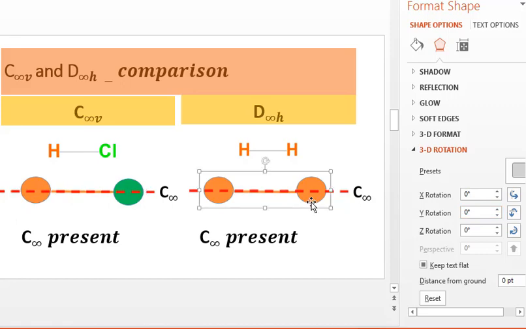Similarly, when you take the case of hydrogen molecule also, when the molecule is rotated about the C infinity axis, the molecule is repeated infinite times with an equivalent appearance, and so this is the C infinity axis.